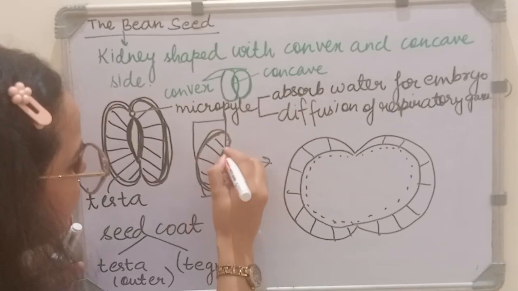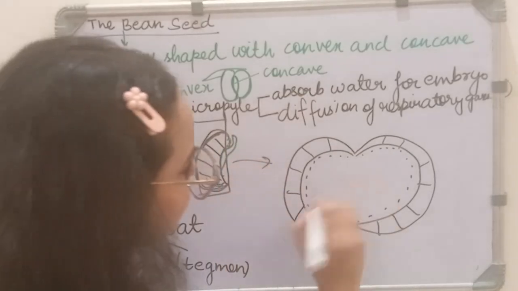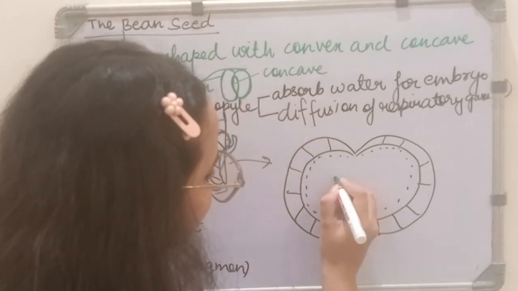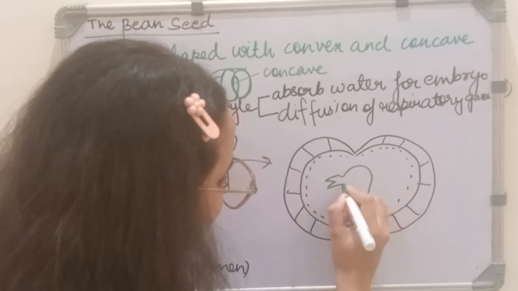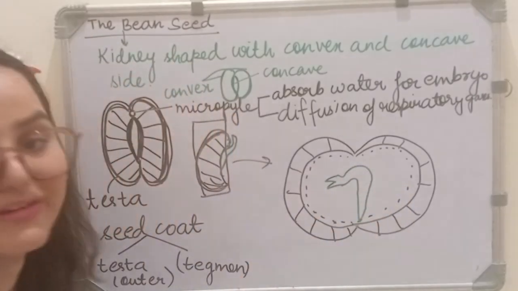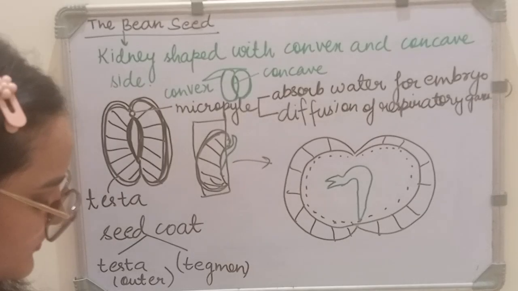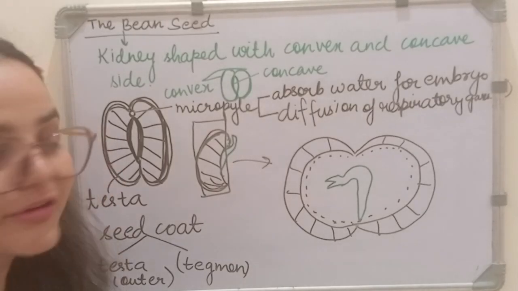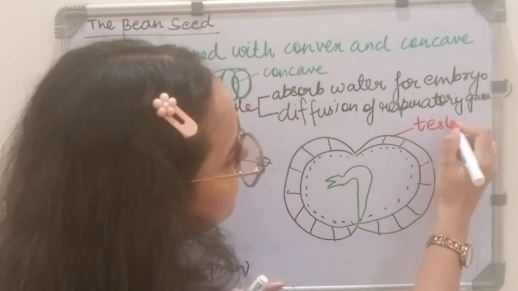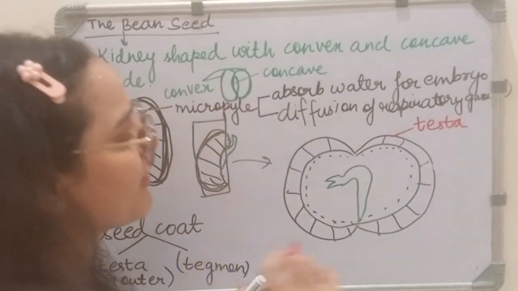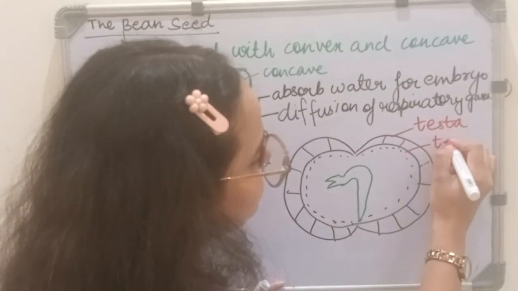Here we have our embryo present. So here the embryo will be in center. Now let's do all the labeling. So the outer boundary is known as testa and the inner boundary is known as tegmen.